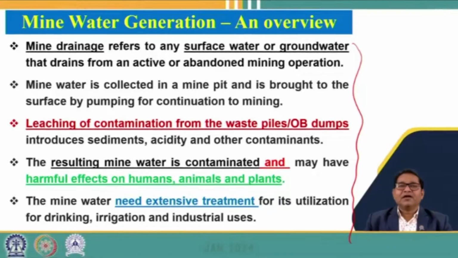When we carry out these mining operations, coal is excavated from its deposits, and during excavation below the earth surface there are aquifers like unconfined aquifers, confined aquifers, perched aquifers. A number of aquifers are present, and when this excavation is carried out, these aquifers get punctured.